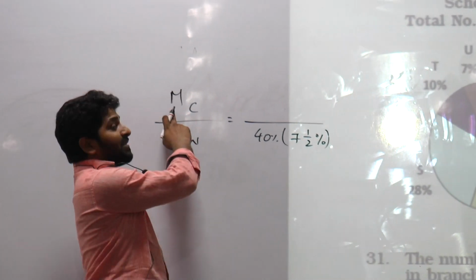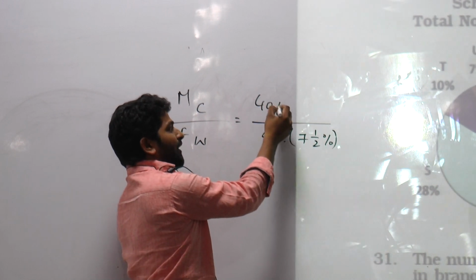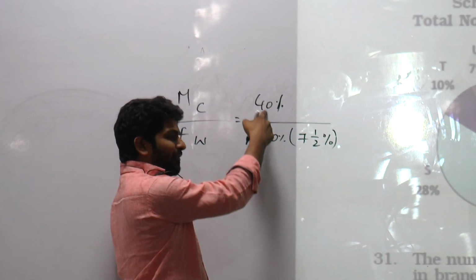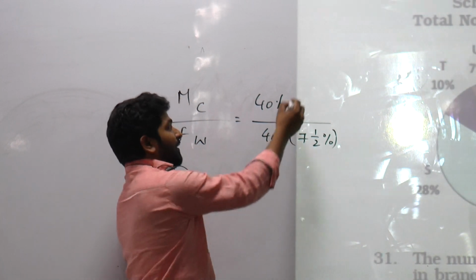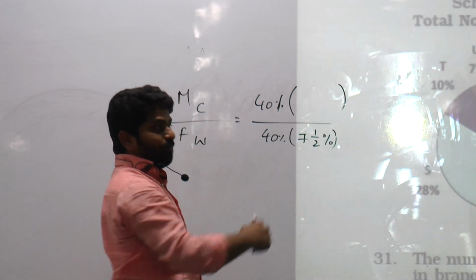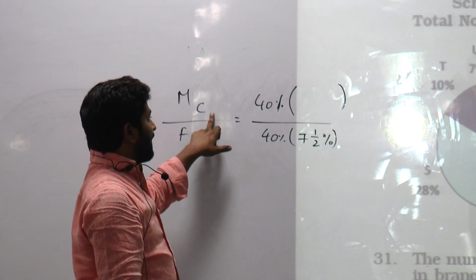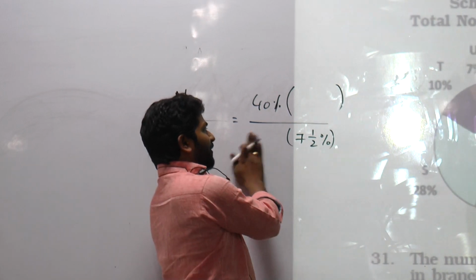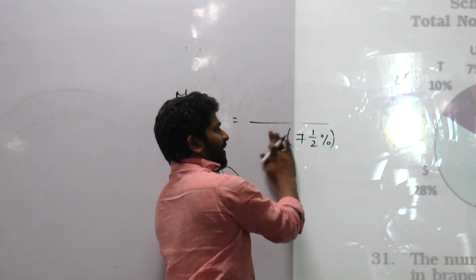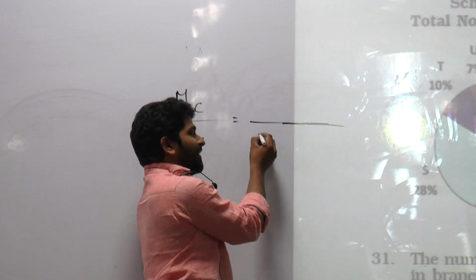And now you are asked about male classic students. Males are also 40%. Basically, we need not write 40% because numerator and denominator both are 40%, so that gets cancelled.